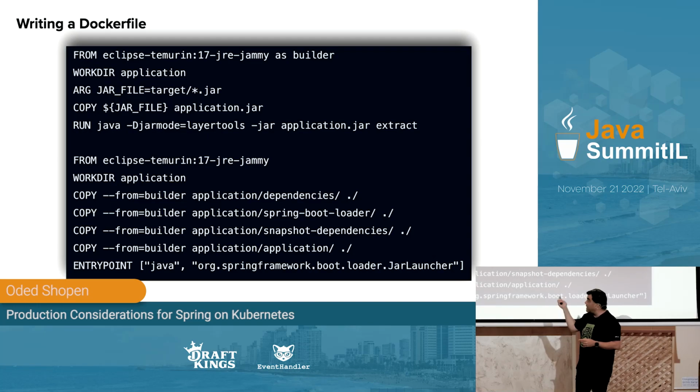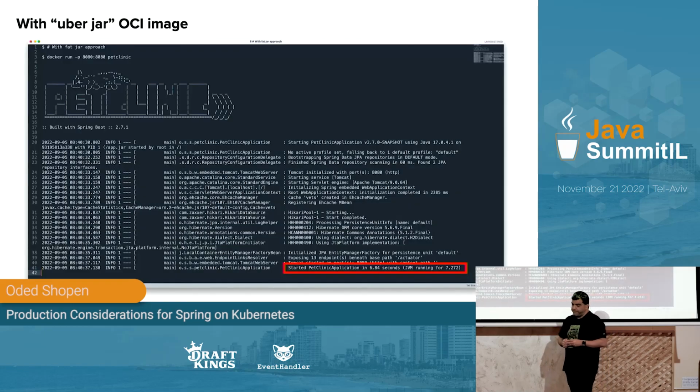So here's a better option of a Docker file, where you have basically a multi-stage build. You begin by exploding the jar file into separate folders, and then in the second stage, you create the final run image with each one of these layers separately. So again, this also has performance implications.